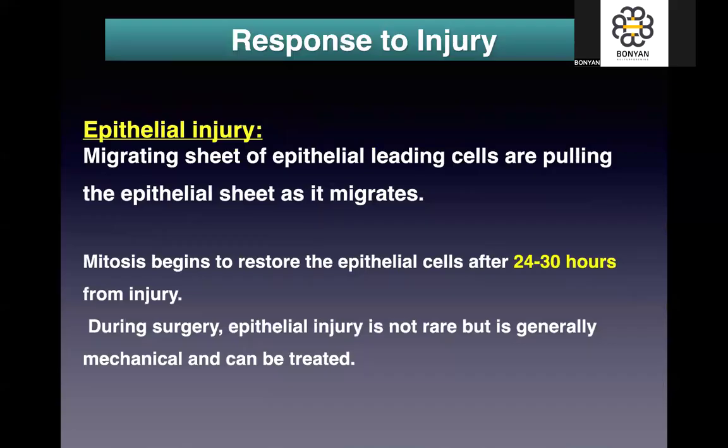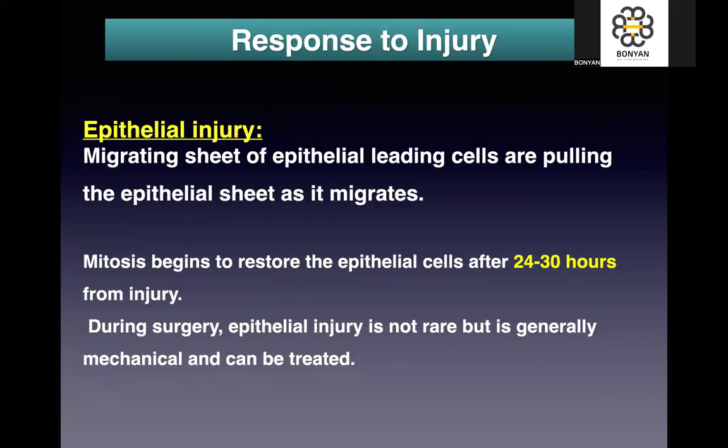Response to injury: the cornea has epithelium, stroma, and the endothelium. So on epithelial injury, a migrating sheet of epithelial leading cells pulls the epithelial sheet as it migrates. So the healing starts from the periphery towards the center, which is called centripetal.